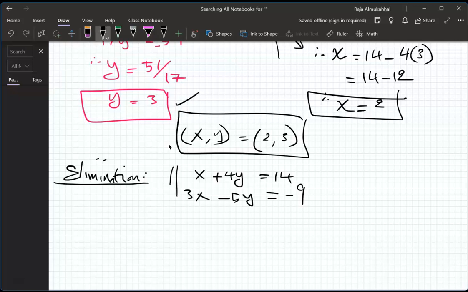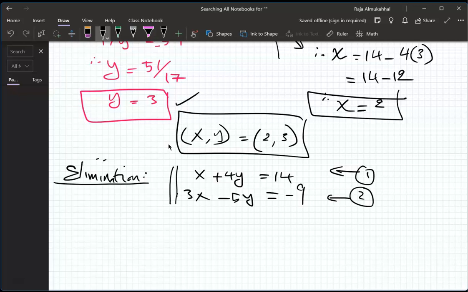And so for the method of elimination, basically, you want to add up 1 and 2 in such a way that one of the variables will eliminate, will disappear. Obviously, if you add them up, x plus 3x will give you 4x, and 4y plus minus 5y will give you -y. You're not going to eliminate. But here is how you do the trick.